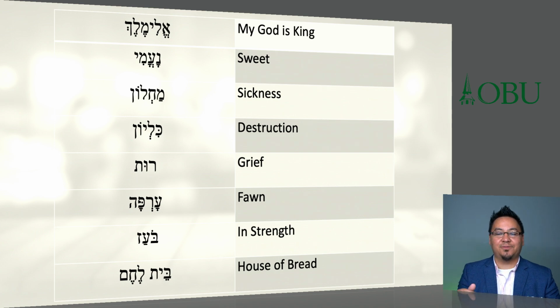So if she's friend, that's fitting, but also grief. And we see that this poor lady, Ruth, who the book is named after, has much grief. And so whenever you begin reading the book of Ruth, if you know Hebrew, immediately you're going to say, oh, this is a book about grief, if that's the particular translation you prefer. And I do in this instance.